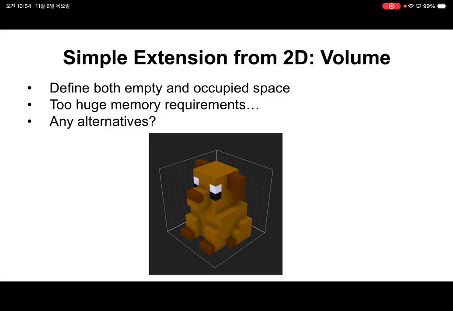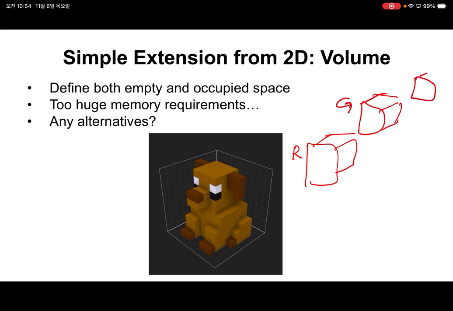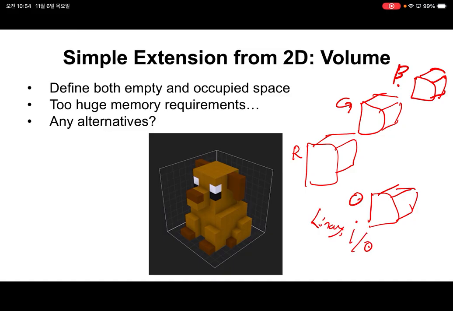Maybe we can use occupancy value as well, so that we can define R volume, G volume, B volume, and then some binary occupancy as well. If it is empty, then we can set this occupancy as 0.